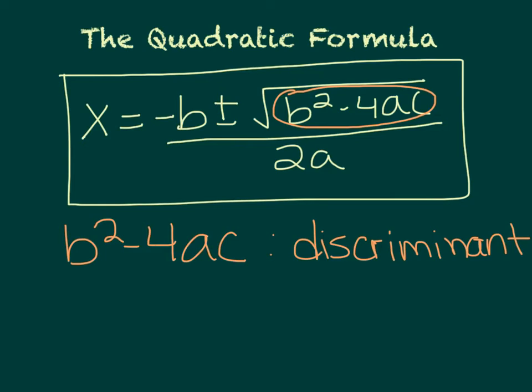And that tells you what kind of answer you're going to have. If b squared minus 4ac is a positive number, then you know you're going to be taking plus or minus the square root of a positive number, which gives you two real answers. And you could break that down into rational or irrational, depending on if you could take the square root of it or not.